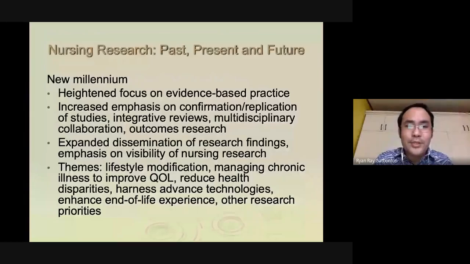In the new millennia, in this year 2000 and onwards, there's heightened focus on evidence-based practice. There's increased emphasis on confirmation, replication of studies, integrative review, multidisciplinary collaboration, and outcomes research. No? The themes that have emerged in research topics include lifestyle modification.